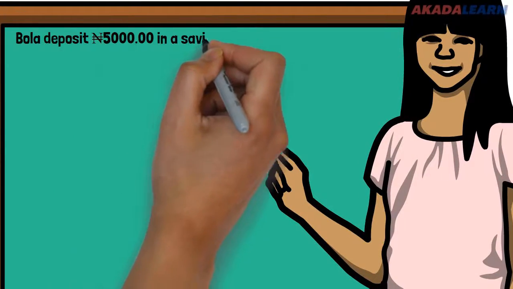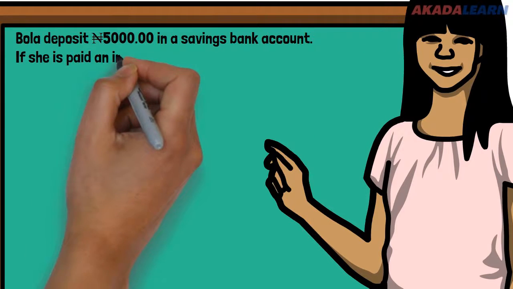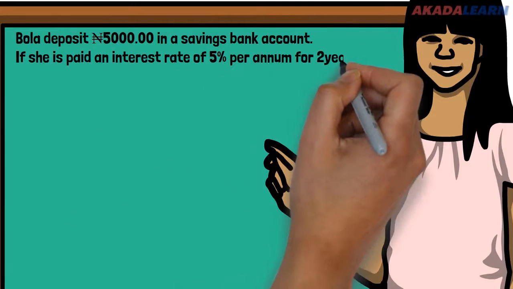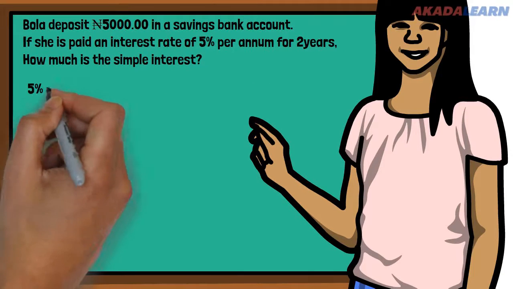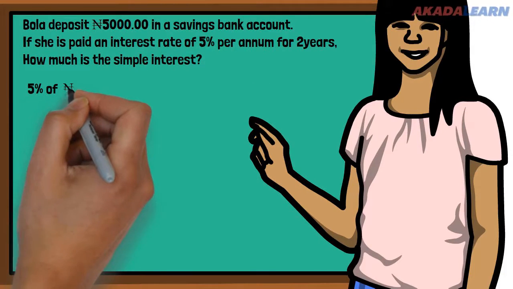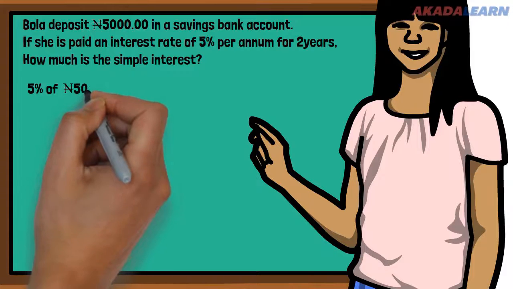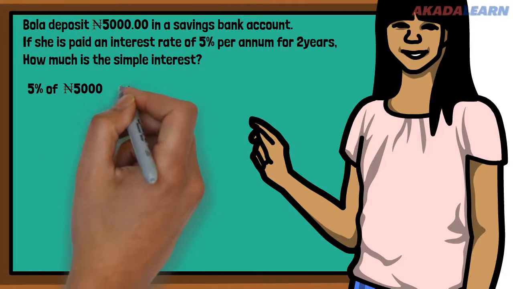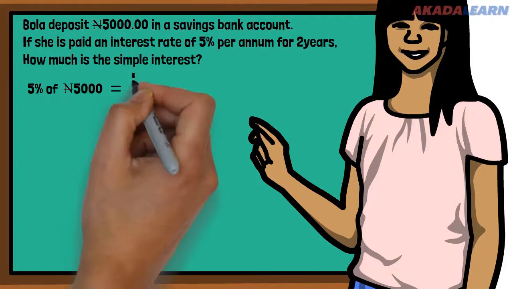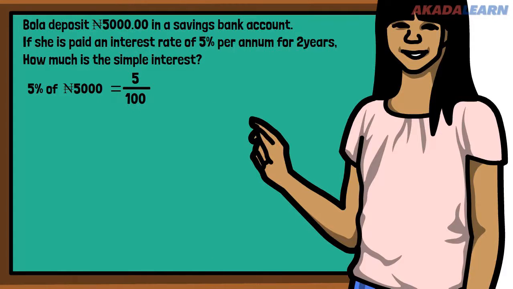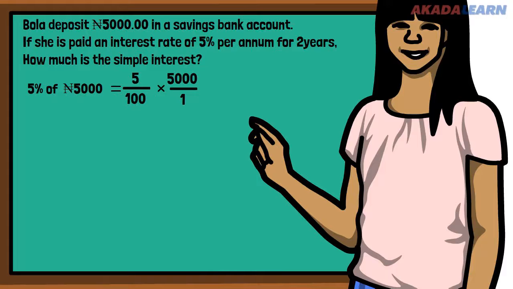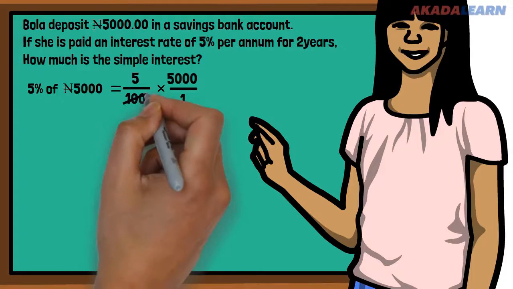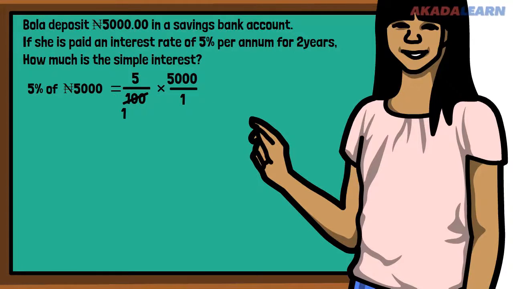Alright, so the question is Bola deposits 5,000 naira in a savings bank account. If she is paid an interest rate of 5% per annum for 2 years, how much is the simple interest? So let's begin. 5% of 5,000 naira, that's how we start, which is 5 over 100 times 5,000 over 1. 100 divided by 100 is 1. 5,000 divided by 100 is of course 50.